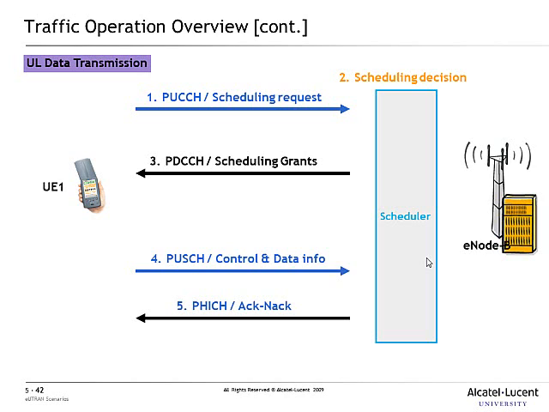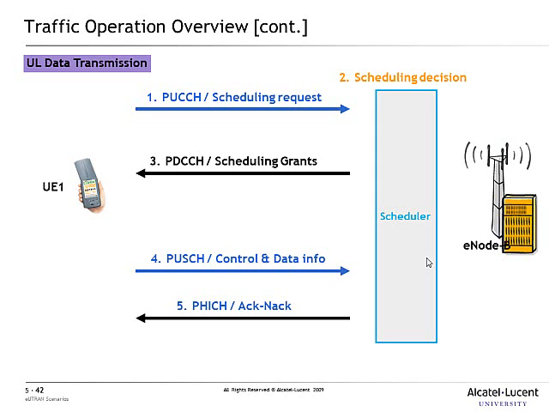And when that information is received at the E node B, the E node B makes a scheduling decision and says, look, I'm going to allocate you these resource blocks, and that's all transmitted on the physical downlink common control channel, and that's the scheduling grant information, and then the data is sent on the uplink, on the physical uplink shared channel.